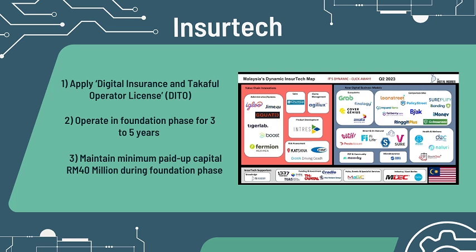For each company to qualify for this license, they must operate in a foundation phase for 3 to 5 years. In addition, they need to place and maintain a minimum paid-up capital of RM 40 million during the foundation phase.